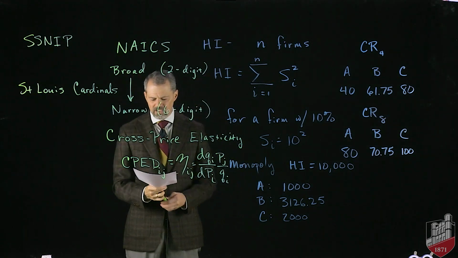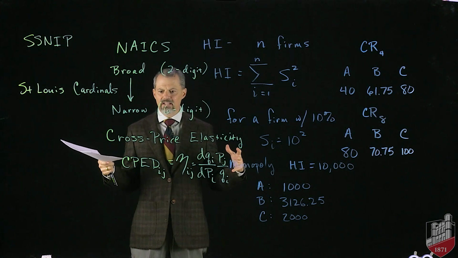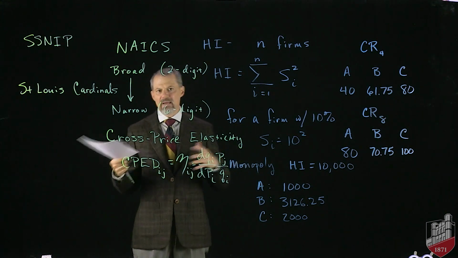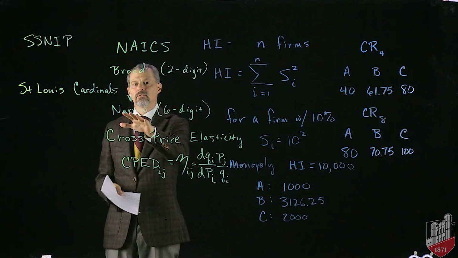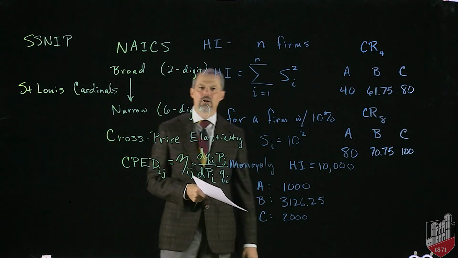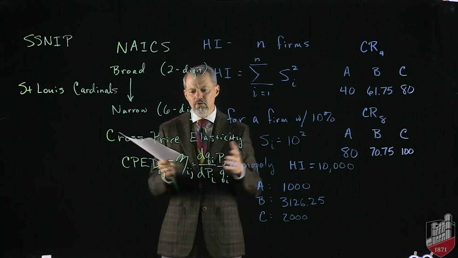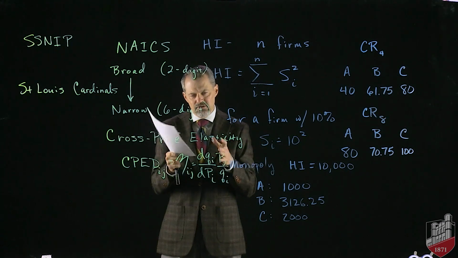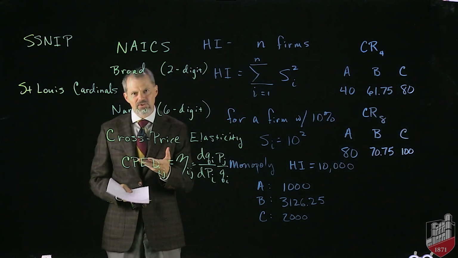We could also think about a larger area. We could think about professional baseball in the state of Missouri. You've got two Major League Baseball teams in the state of Missouri, the St. Louis Cardinals and the Kansas City Royals, both contained within the geographic area of Missouri. Are those substitutes for each other?